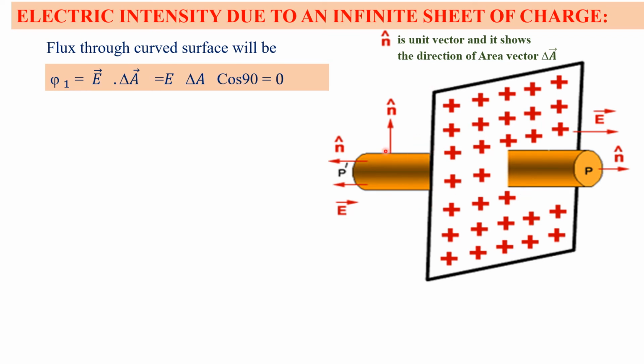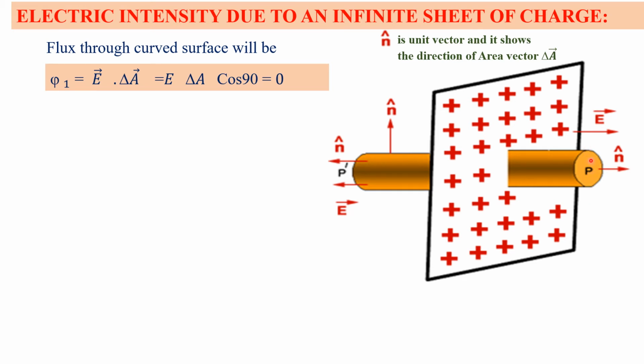Area vector of this first flat surface containing point P is normal to the surface and it is on x-axis because the flat surface is on y-axis, so its normal area vector will be on x-axis perpendicular to its surface.